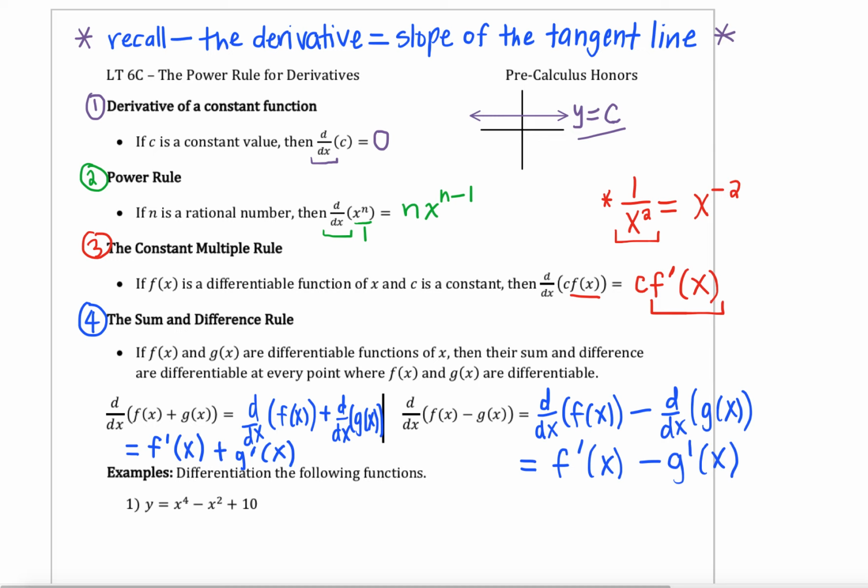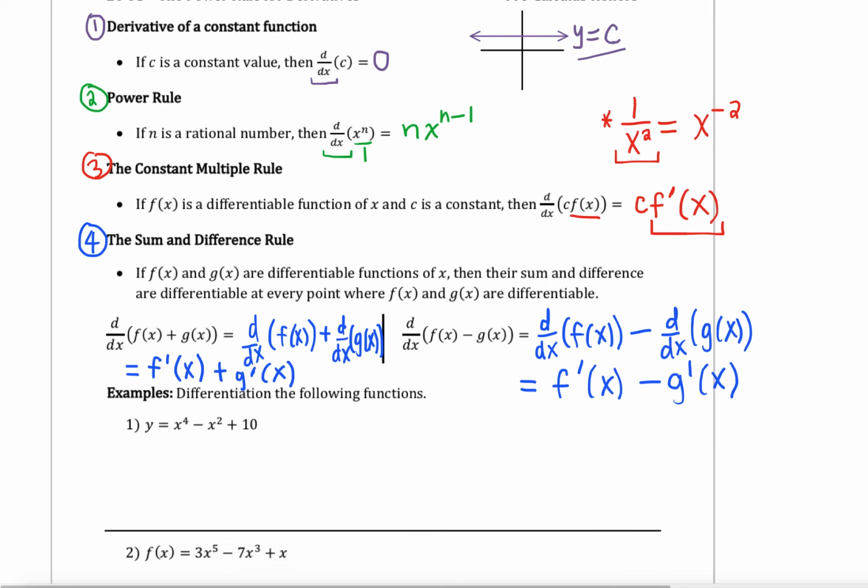We're going to go through quite a few examples of differentiating the following functions, and we're going to see that we're going to use at least one of these rules, maybe a few of them in every example. So in our first example here, we have y equals x to the fourth minus x squared plus 10. And what differentiation again means is it means to find the derivative.